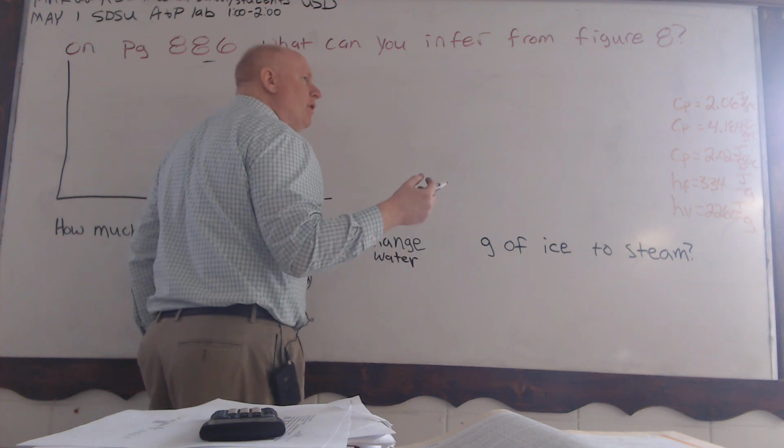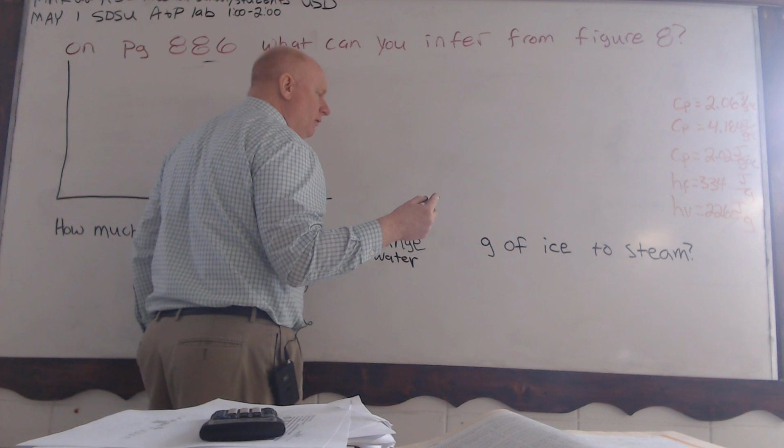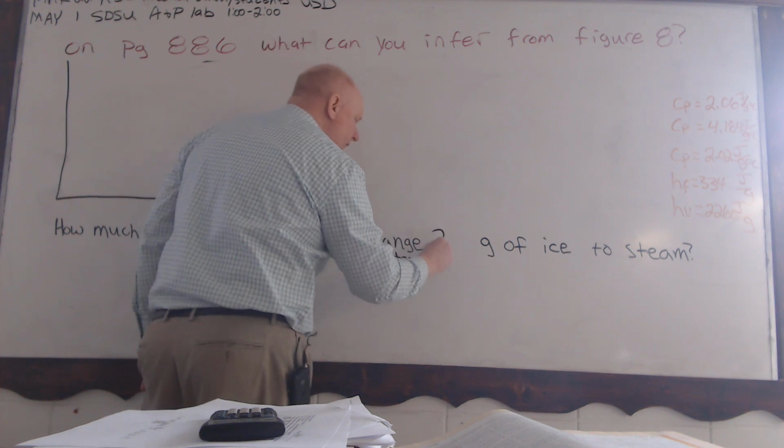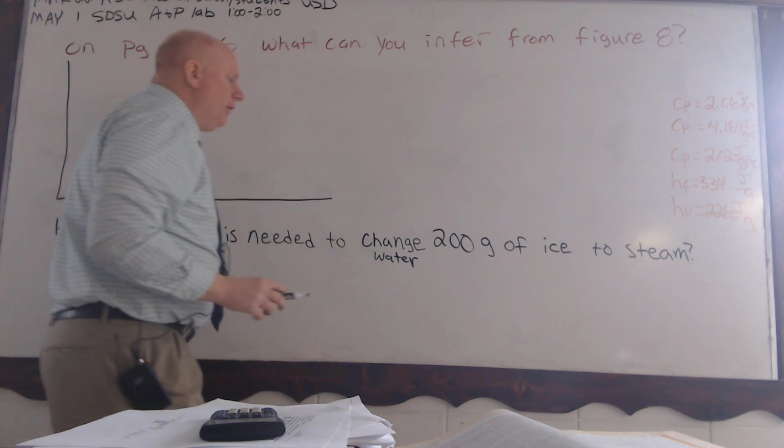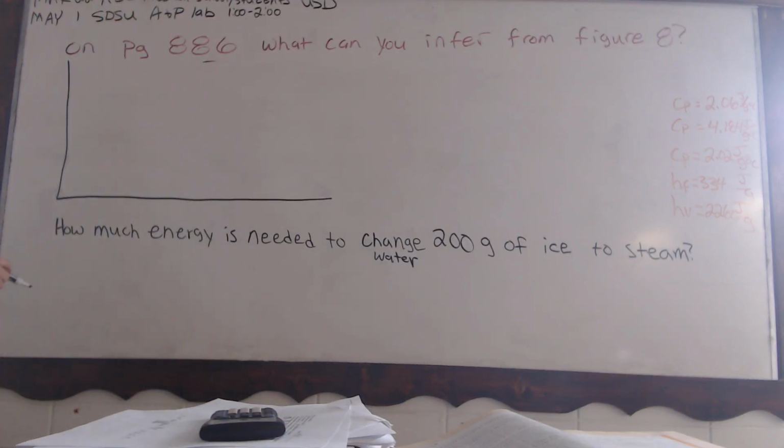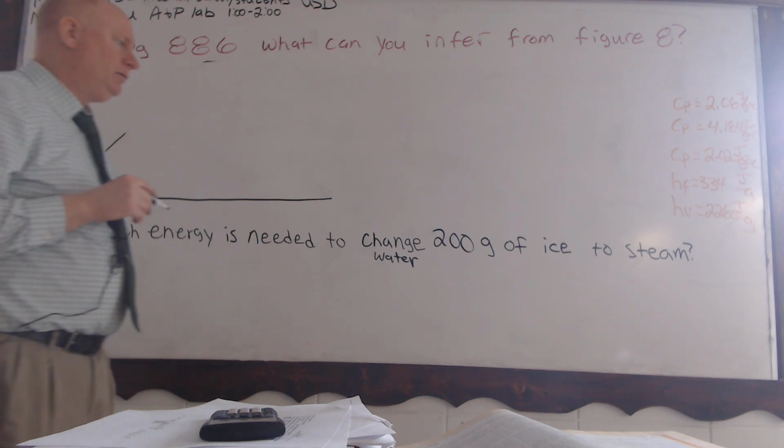We want a bigger number than 100. So what we need to do is raise the temperature up to where it's going to start to melt. So I need a temperature range below 0.